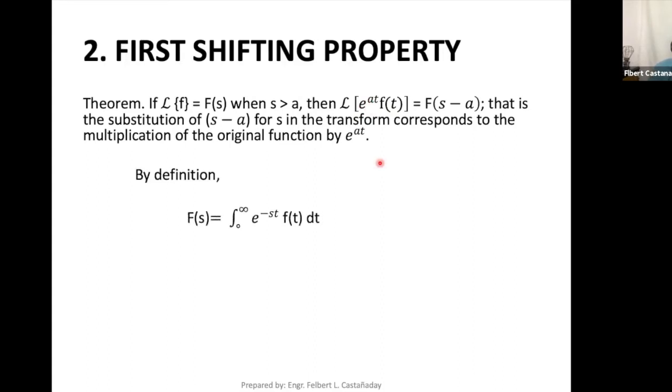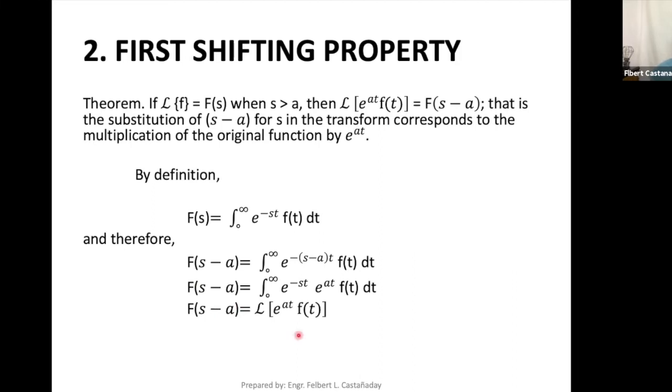So e raised to negative st times the given function. And then, we did this, f of t is equal to e raised to at. We have derived already this one. So the Laplace of the function times e raised to at will give us, instead of writing s, s minus a in it.